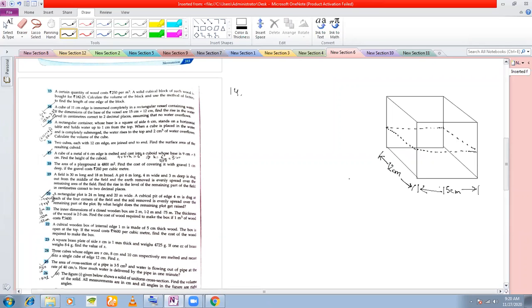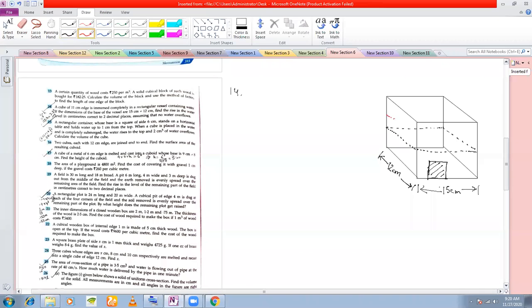And what else is given? That this cube is immersed here. And what happens? Once this cube is immersed, there is a certain rise in the level of water.